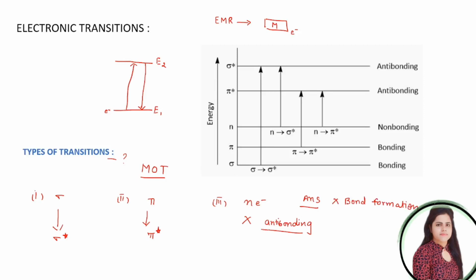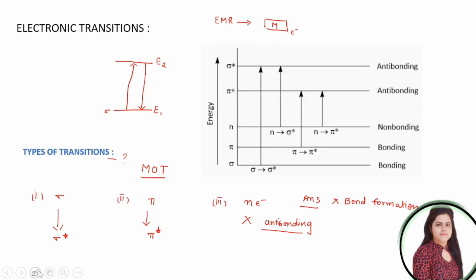That is why they do not have anti-bonding. Sigma and pi both participate in bond formation. That is why they have anti-bonding versions. One more thing: you can also see the energy gap or energy order of these kinds of transition.